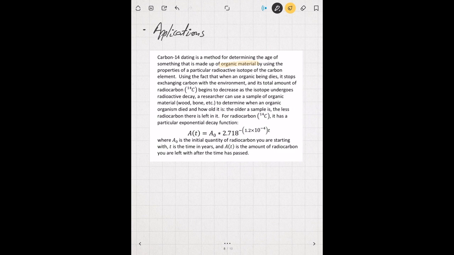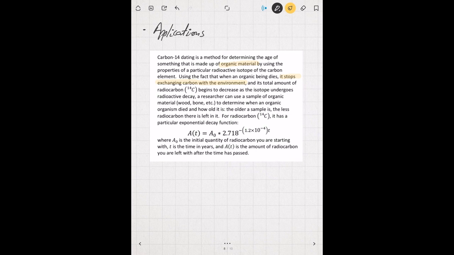Think of living organisms like animals and plants as being organic materials. And there is this particular radioactive isotope of the carbon element called radiocarbon, carbon-14. So, using the fact that when an organic being dies, it stops exchanging carbon with the environment. That's an important idea.